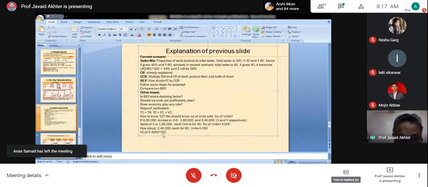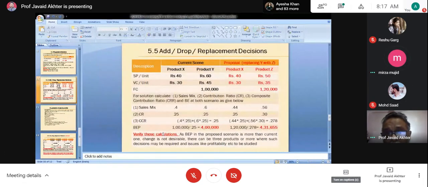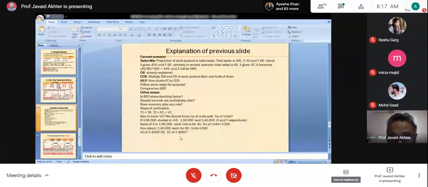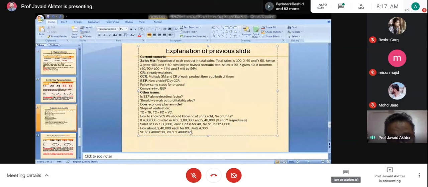Okay, what will be the variable cost of Y? 4,000 into 45. What is the total? It becomes 1,20,000, and the other one becomes 1,80,000.